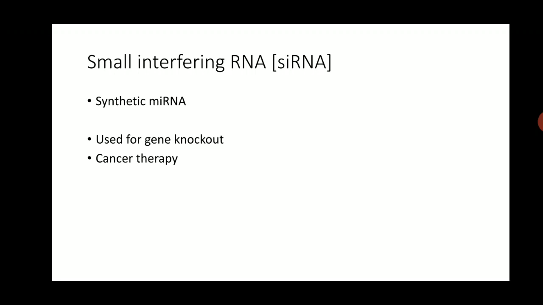When they are inserted into the cell, they interact with the dicer enzyme which cuts them into two pieces and then it acts similar to the microRNA, thus causing gene silencing. Hence the name gene knockout. The small interfering RNAs have also been successfully used for cancer therapy.